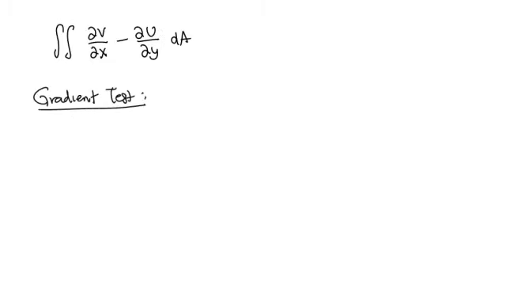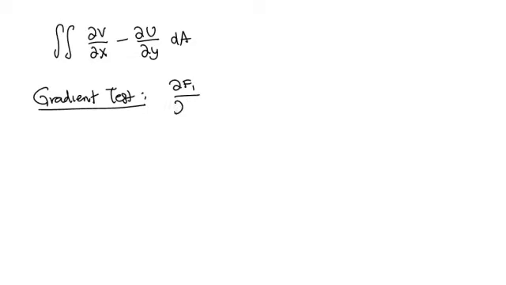You might have noticed in the past couple of podcasts that we've needed to keep track of certain partial derivatives of certain functions in certain orders. For example, in Green's theorem, we need to take the partial derivative of the second component with respect to the first variable minus the derivative of the first component with respect to the second variable. Or we did the gradient test for a function of 3 variables.